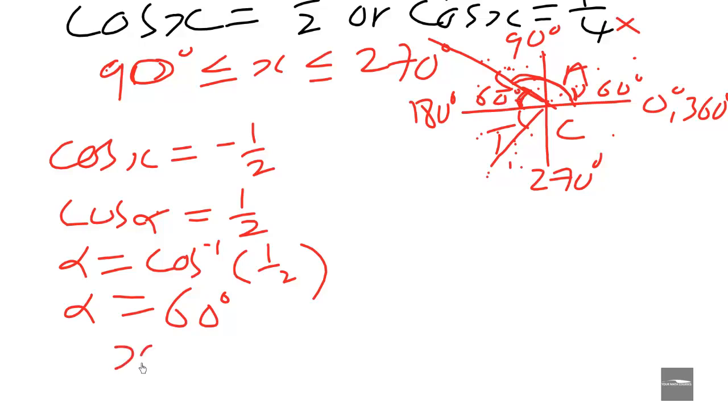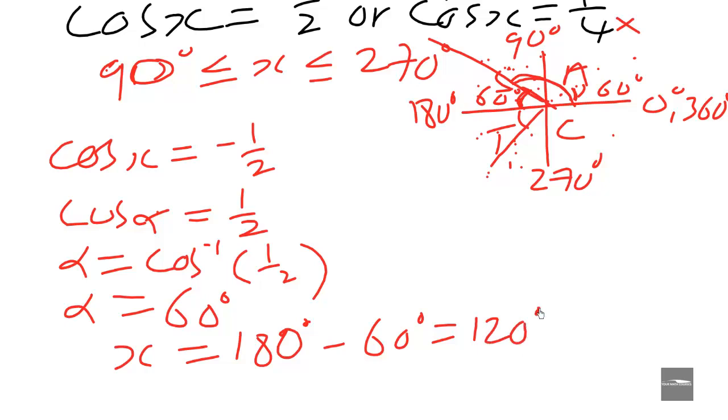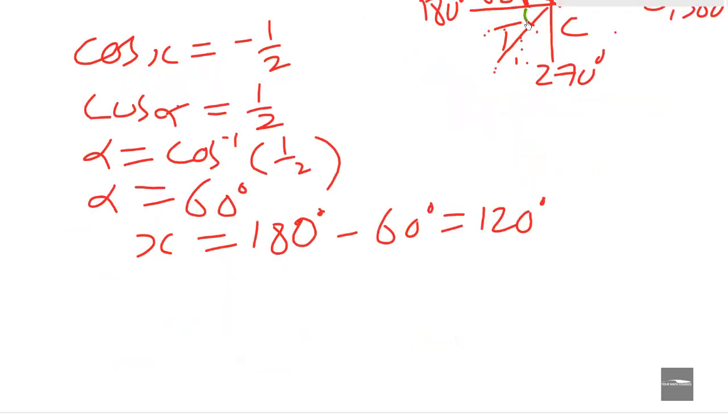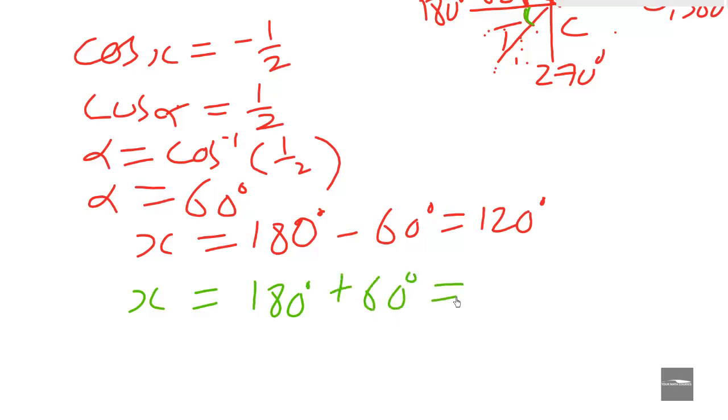So x will be equal to 180 degrees minus the 60 degrees, which is 120 degrees. With this angle here, x will be equal to 180 degrees plus the 60 degrees, giving us 240 degrees.